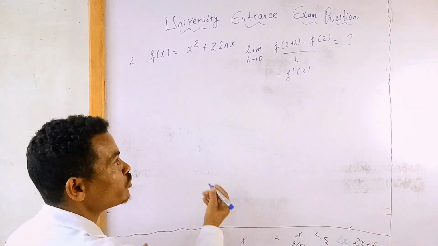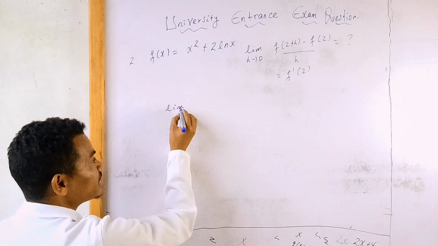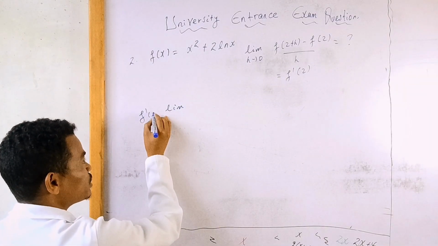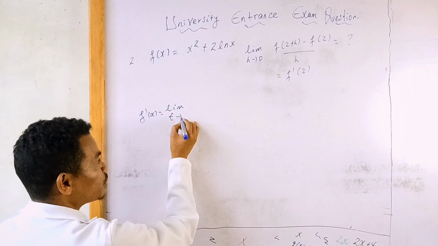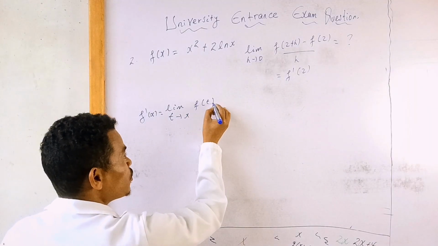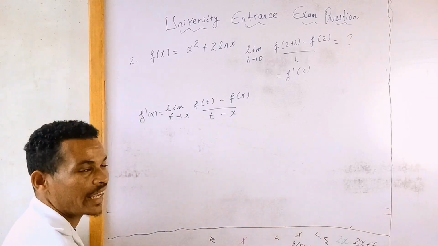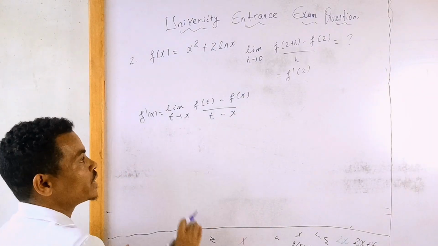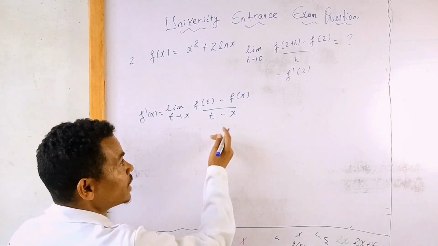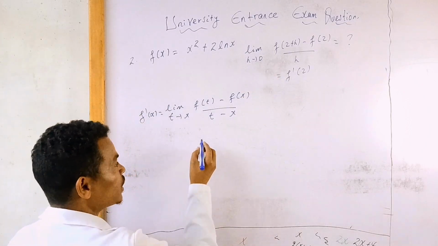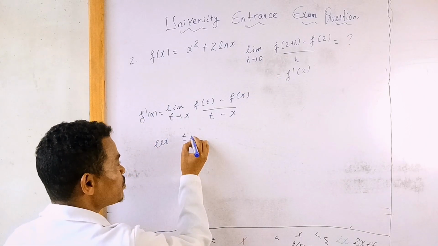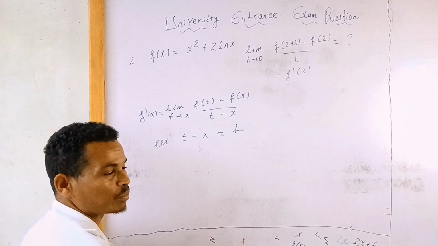Limit, that's the formal definition of limit ምንድን ነው? Limit f derivative at x ብንባል አሁን is equal to limit t approach to x of f of t minus f of x over t minus x ነው የሚሆነው። This one is the formal definition. ወይም ደግሞ እዚህ ጋር ይህንን አፕላይ ለማድረግ ምንድን ነው የምናደርገው? Let t minus x is equal to h.